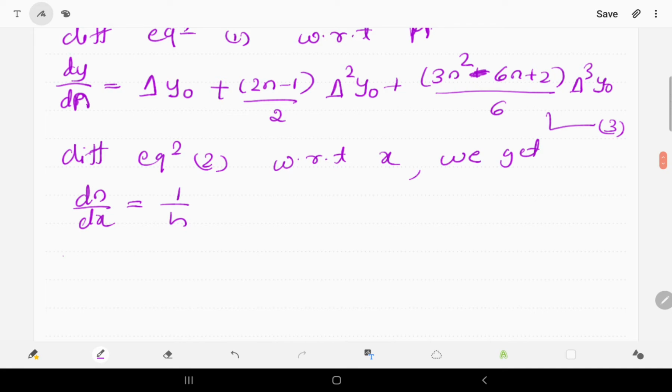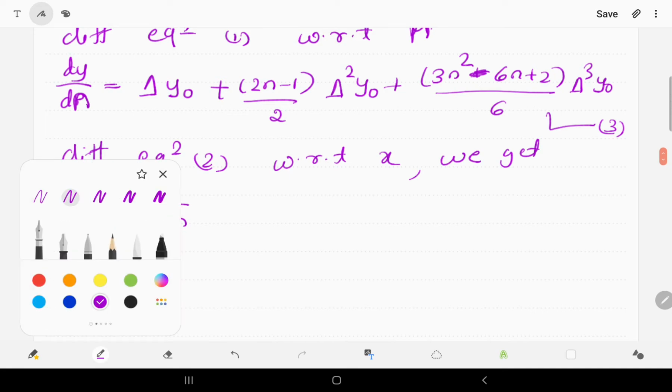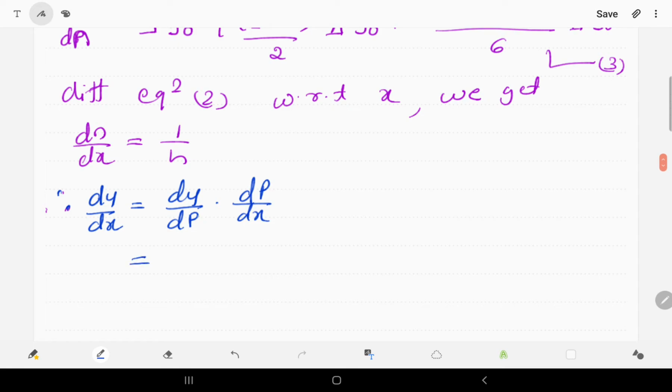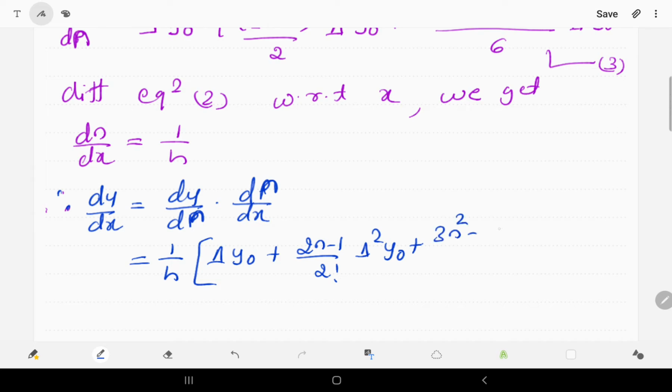Therefore, now dy by dx is equal to dy by dp into dp by dx. dy by dp is as above, and dp by dx is 1 by h. So 1 by h into dy by dp is delta y naught plus 2p minus 1 by 2 factorial delta square y naught plus 3p square minus 6p plus 2 by 3 factorial delta cube y naught and so on.